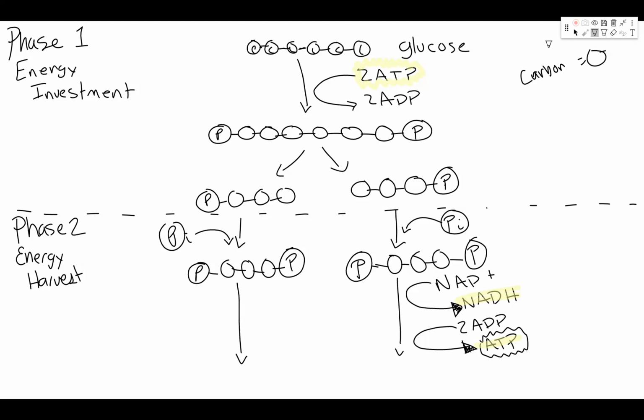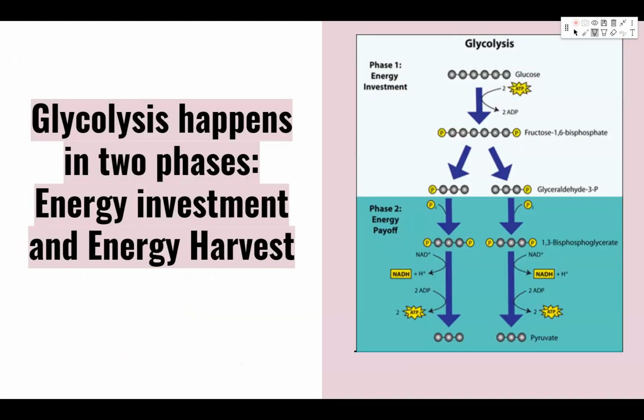So same thing over here. We've got NAD+ going in, and NADH coming out. We've got 2 ADP going in, and 2 ATP coming out. Double, triple check. Yes.